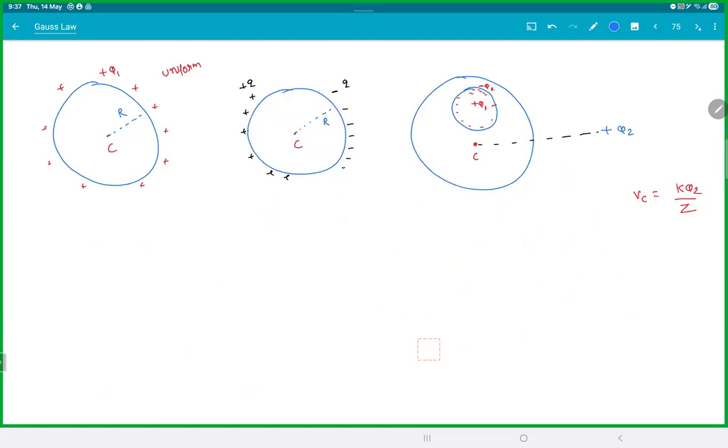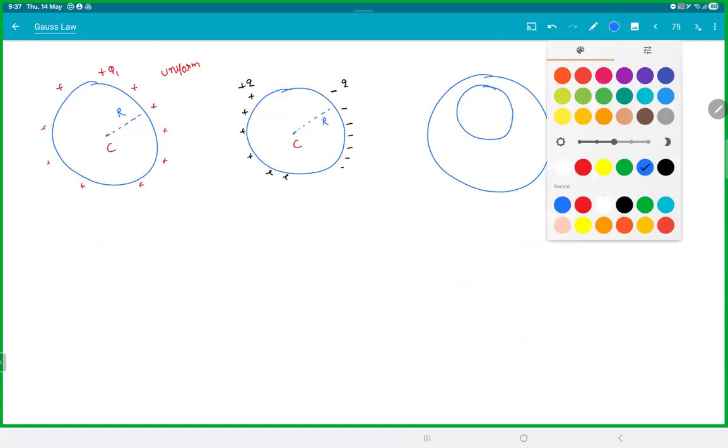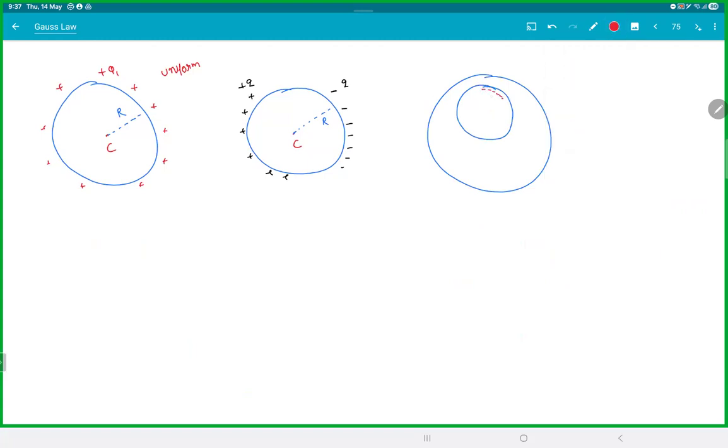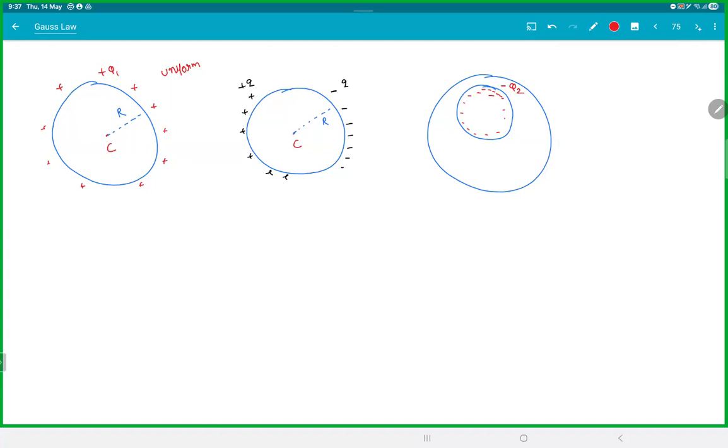You want only due to the conductor, meaning you don't want this Q2. You don't want this Q1 also. So if I draw the cavity here, this non-uniform is there. Bas. You don't want Q1, Q2. Now you're asking to find the potential at point A due to these three people.